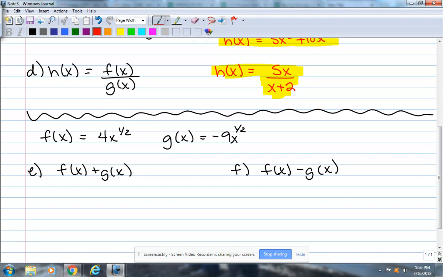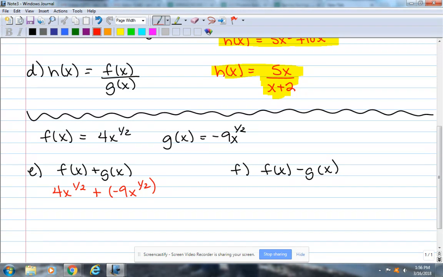So, f of x plus g of x, I just write down f of x, which is 4x to the 1/2, plus g of x is negative 9x to the 1/2. And I use parentheses, so I'm saying plus a negative there. Do y'all see that those x's both have the same exponent?